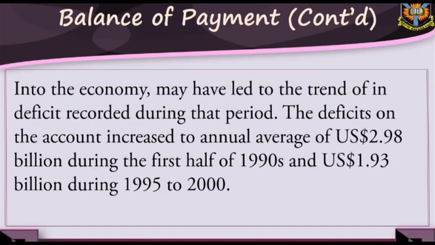The deficit on the account increased to an annual average of 2.98 billion US dollars during the first half of the 1990s and 1.93 billion US dollars during 1995 to 2000.